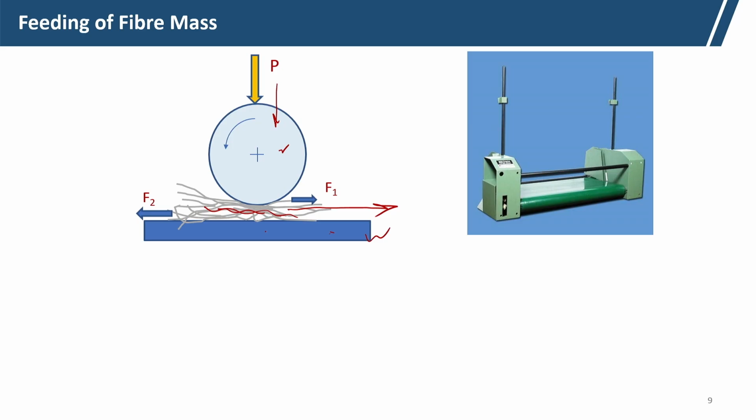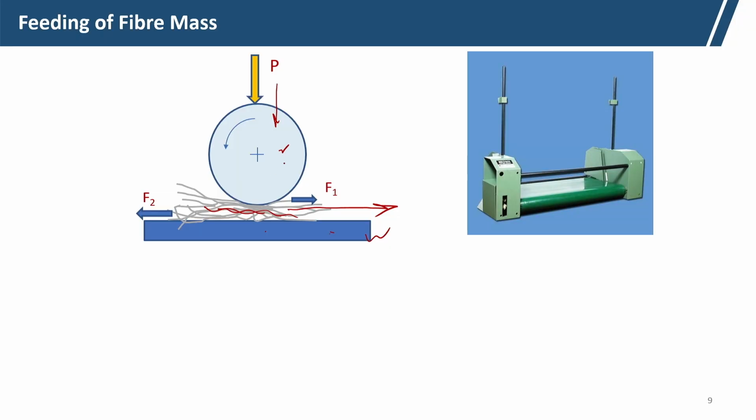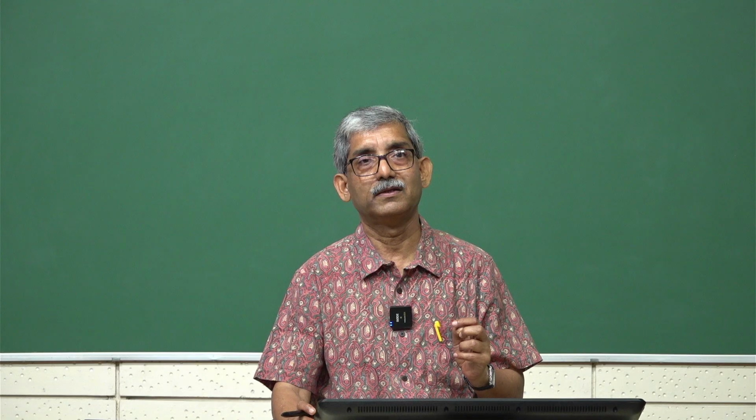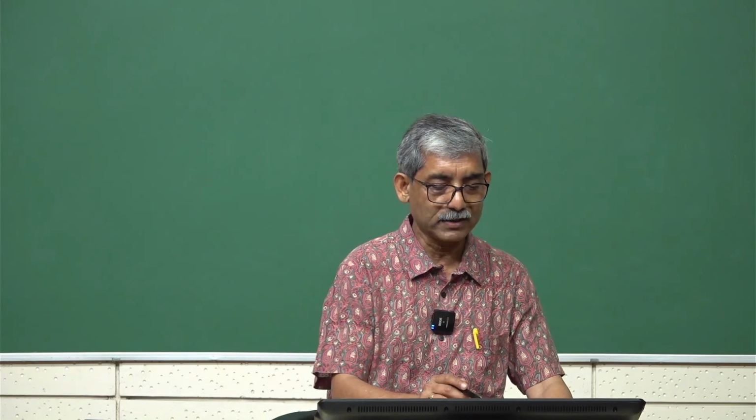In addition to this pressure, there is a frictional force acting. There are two types of frictional forces. One is the friction between the feed roller and the fiber, another is the friction between the feed plate and fiber mass. The interaction between these two frictions will affect the proper feeding. Now, what is F1?